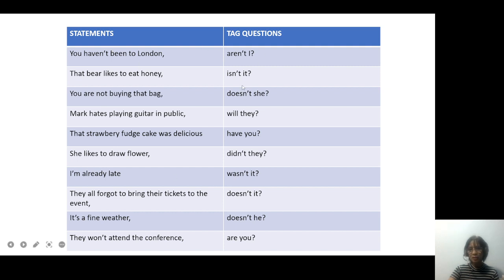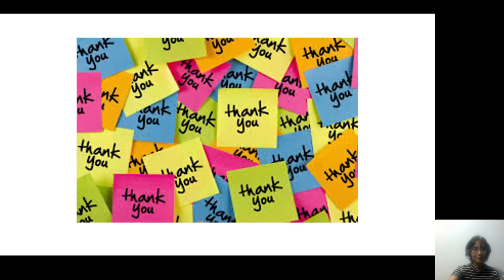So remember, here in Snatch Match, you have to make sure that when your statement is negative, just like number one, your tag should, of course, be a positive one. Okay, so get as many matches as you can so that you can win this game.